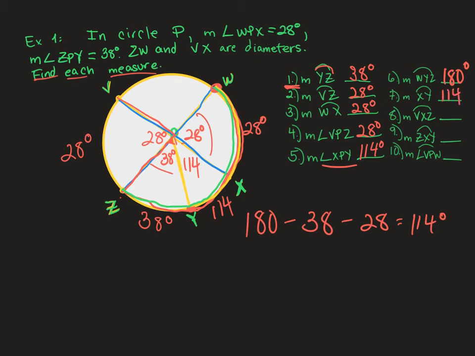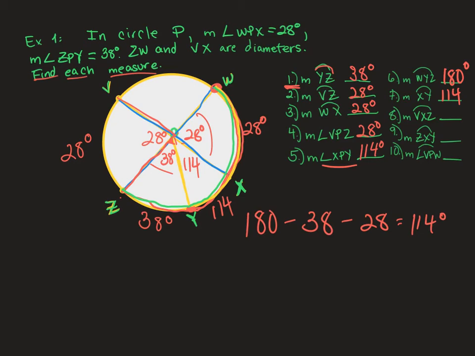Measure of arc VXZ. I'll use green. V to X, since that's our diameter, is going to be 180 degrees.